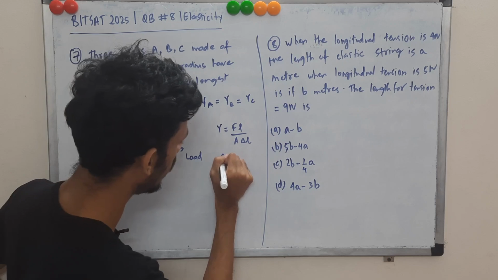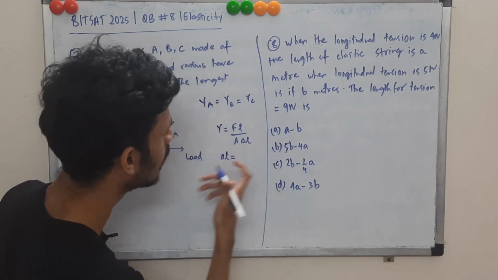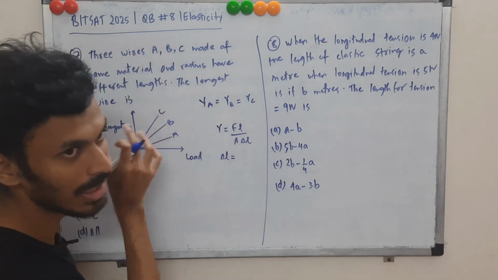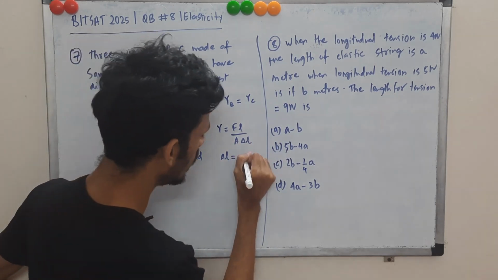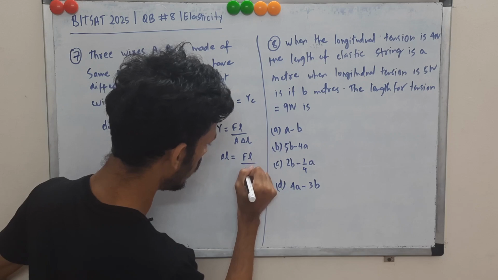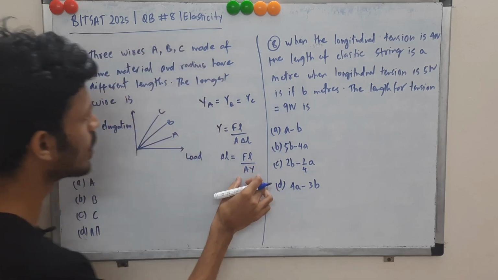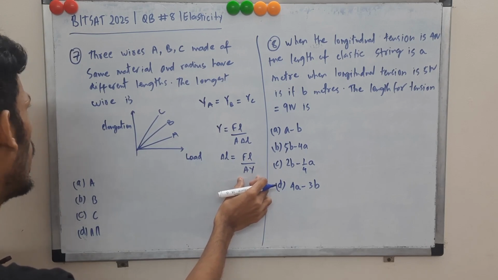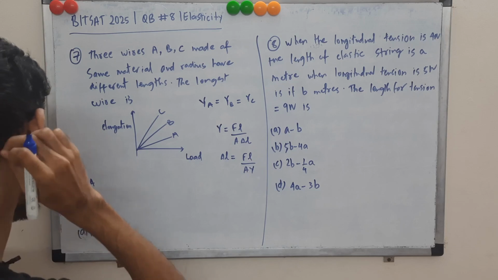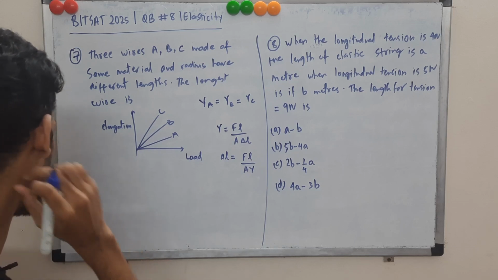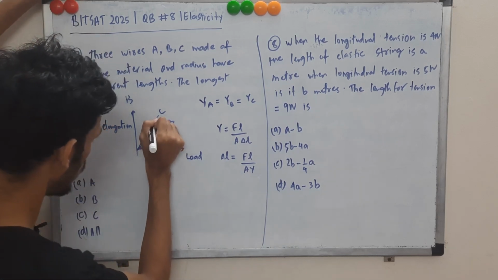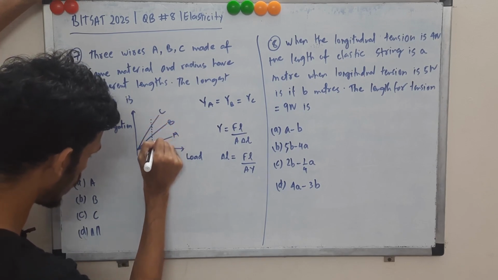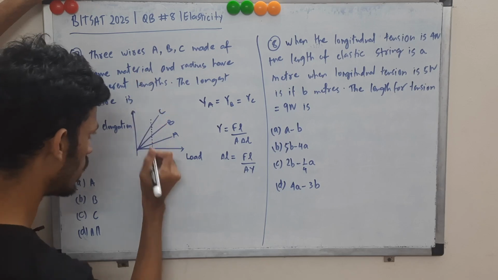So let's make elongation as the subject, the strain delta L, the elongation in the length. So delta L is FL upon AY. Now AY is constant if you see, right? AY is constant, and so for a given load, I'm drawing this line.